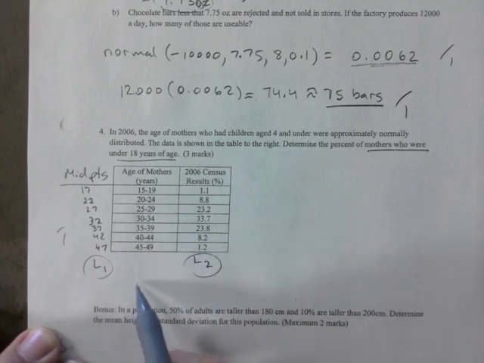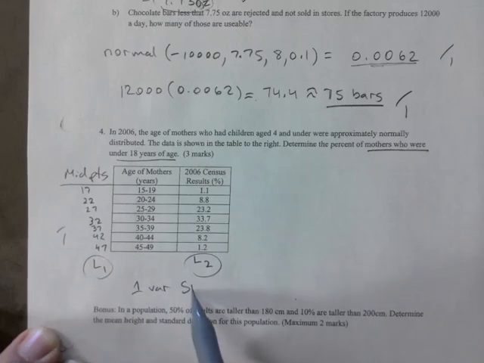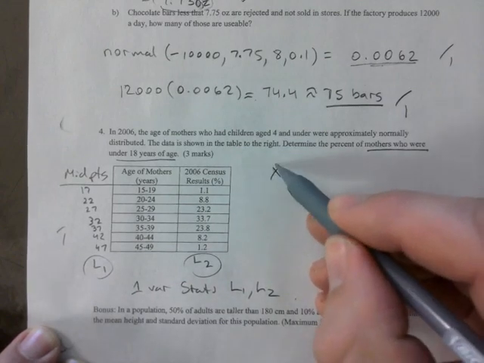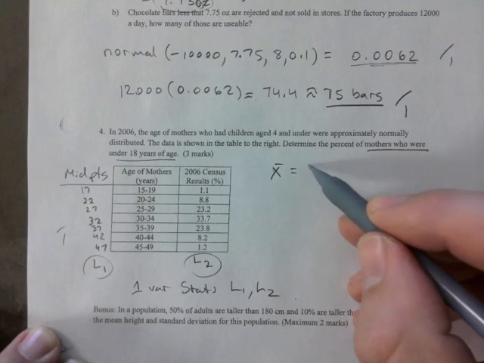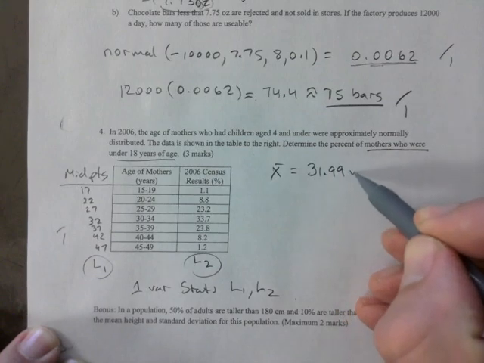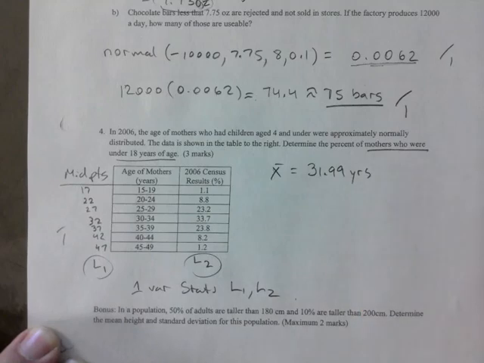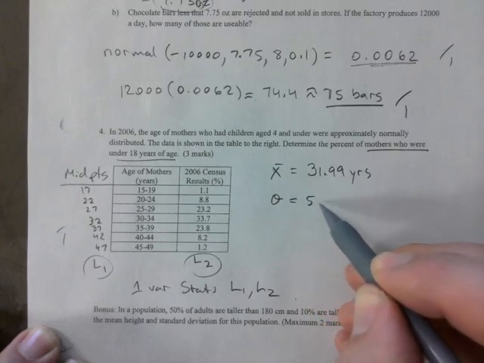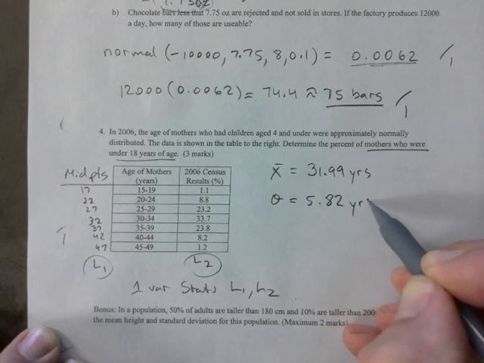which you can do like this. So it's one variable stats, L1, L2. Okay. If you do that, your mean age would be 31.99 years, the average age of a mother. Standard deviation would be 5.82 years.